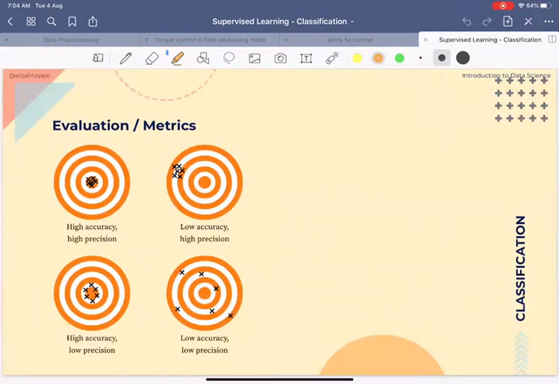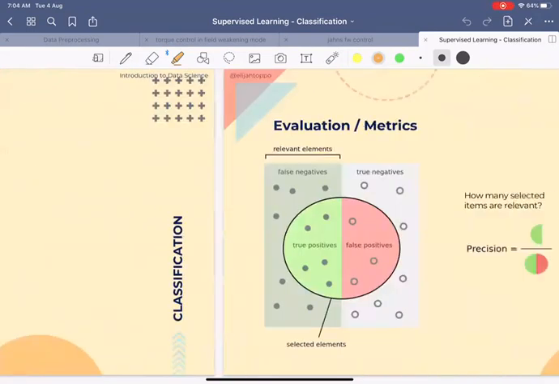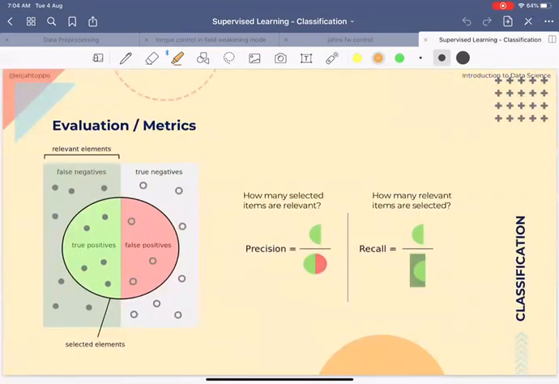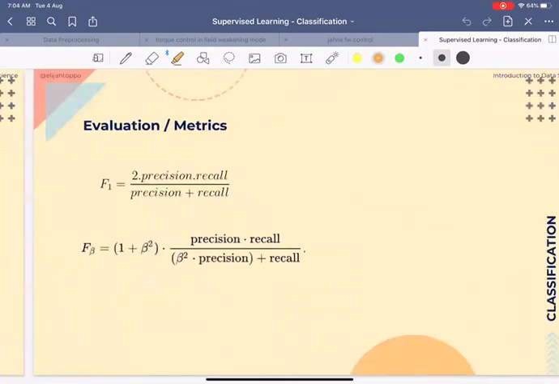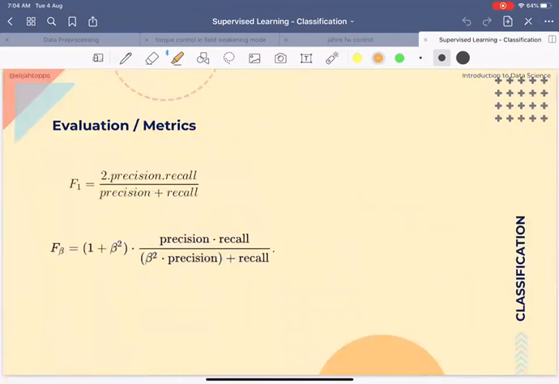We talked about certain metrics that can help us identify if our model is good or not. So we talked about accuracy, precision, and recall so far. We saw how to evaluate precision and recall. We saw different metrics like F1 score and F beta score, which are basically combinations of precision and recall.